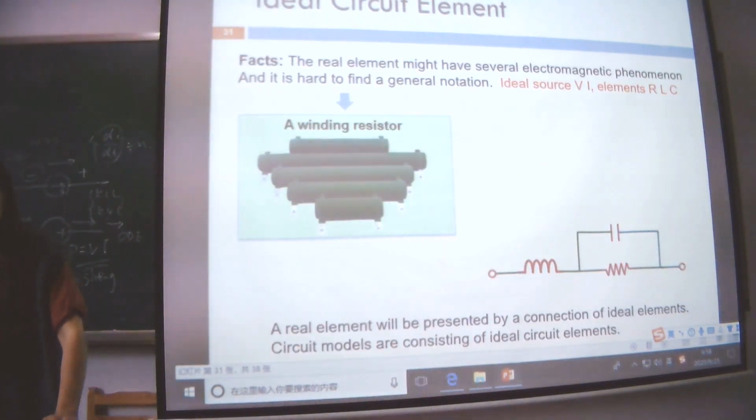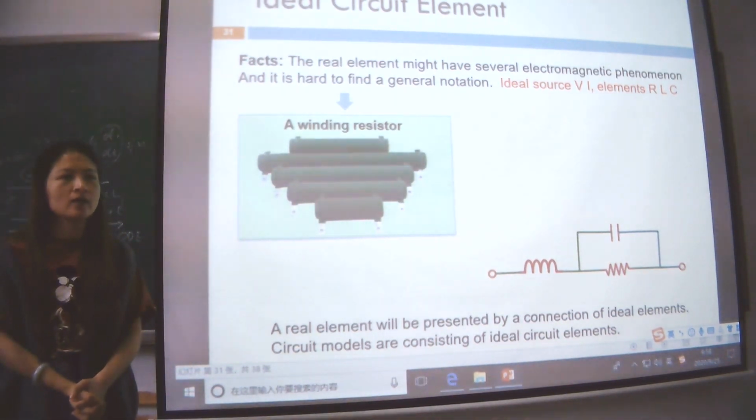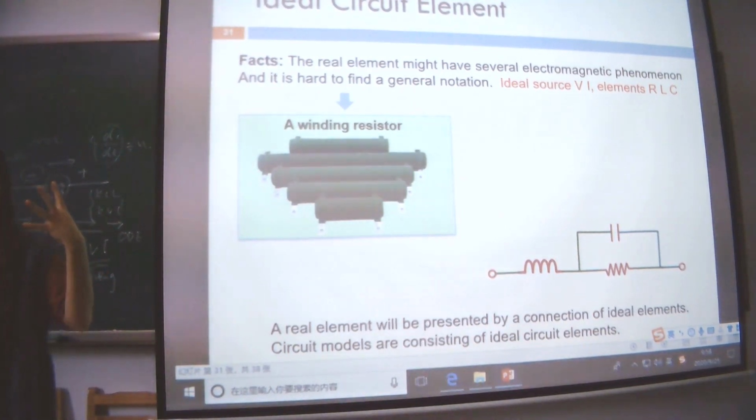Now we're going to see the ideal circuit element. So what is the definition of ideal? What does ideal mean in our book? We have many circuit elements in practical life. We produce maybe a real resistor or a real battery. They are circuit elements.